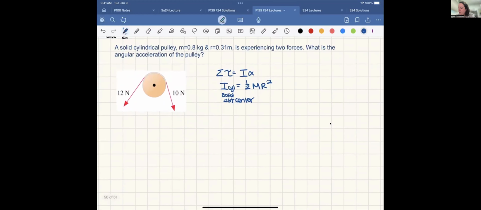And that's where we use our torque table. So let's make it. We have force, distance, angle, and whether or not it's clockwise or counterclockwise. So let's draw our radial lines to connect so we can make sure the angle is 90 degrees for both of our forces.